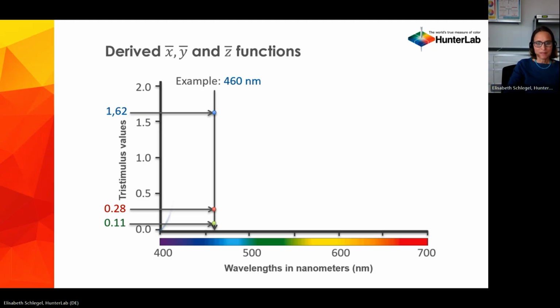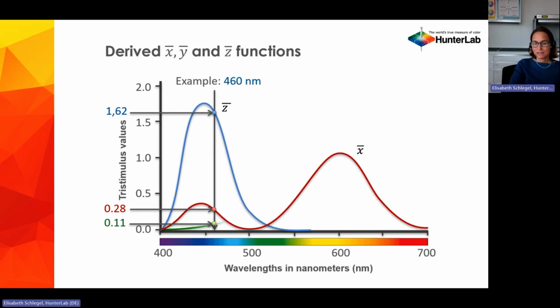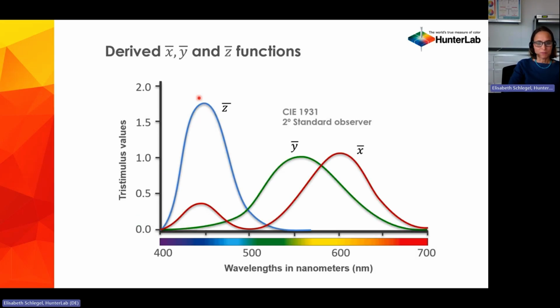Then you get curves: 1 curve for the blue light, 1 for the red light, and 1 for the green light. These 3 curves or functions are called the 2-degree Standard Observer, and this was done in 1931 by the Commission Internationale d'Éclairage.